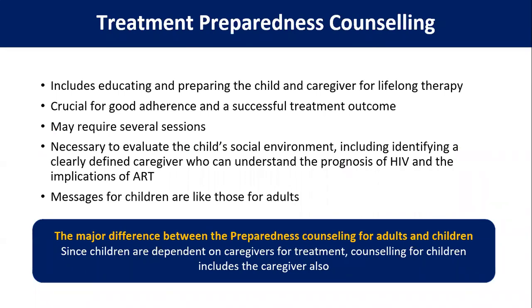So what is treatment preparedness and counseling? It includes educating and preparing the child and caregiver for a lifelong therapy, and it may require several sessions, from 2 to 3 to 5 sessions.